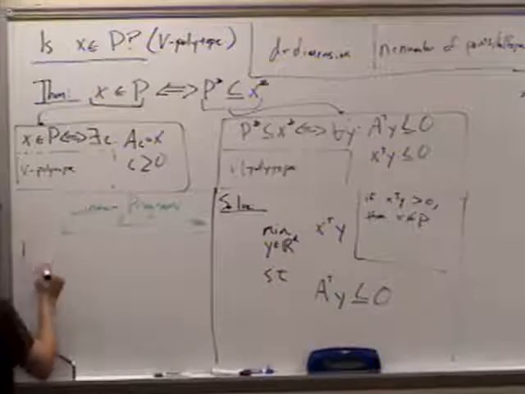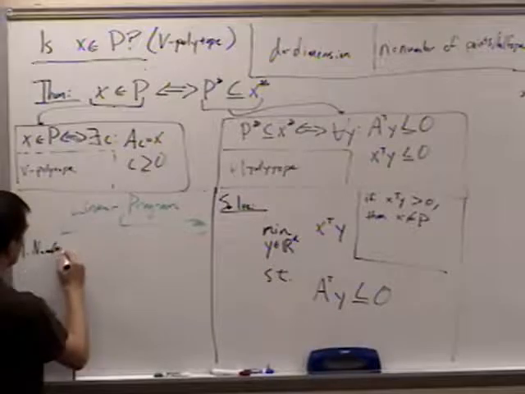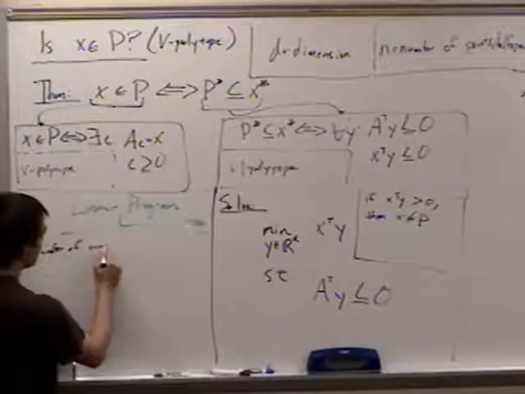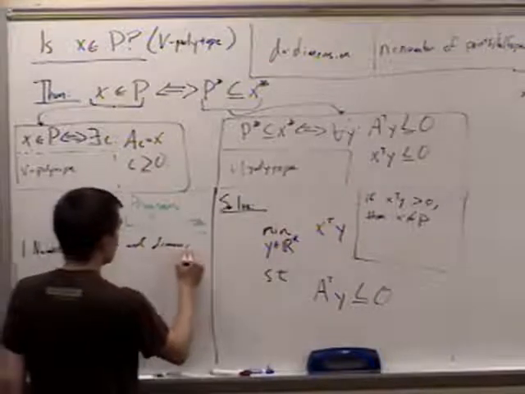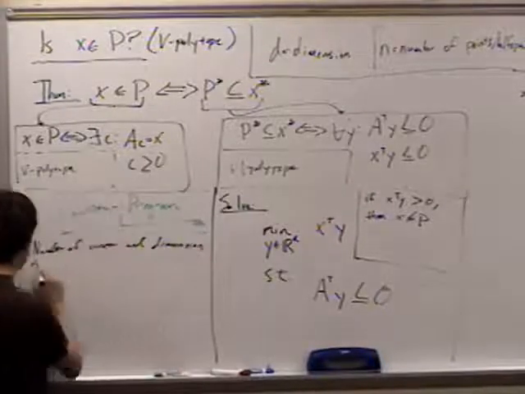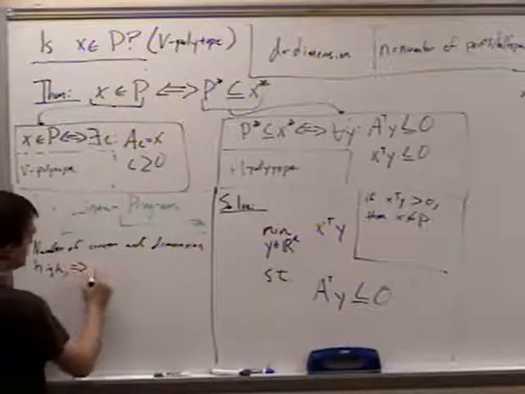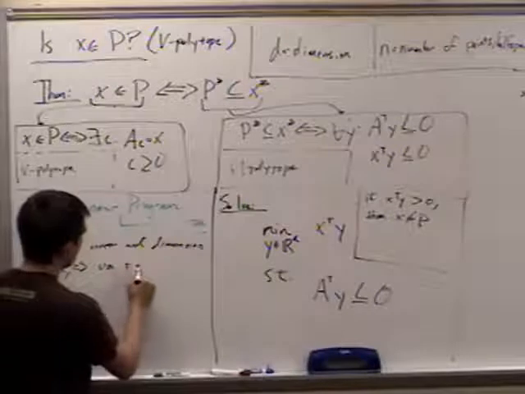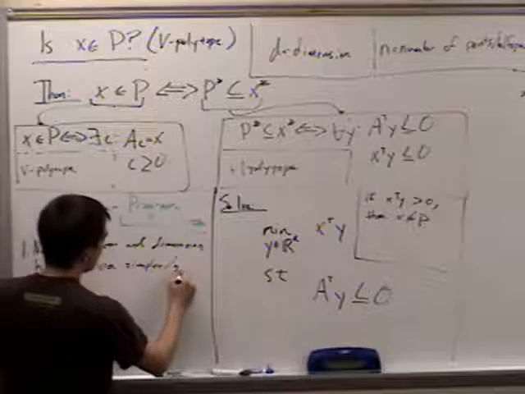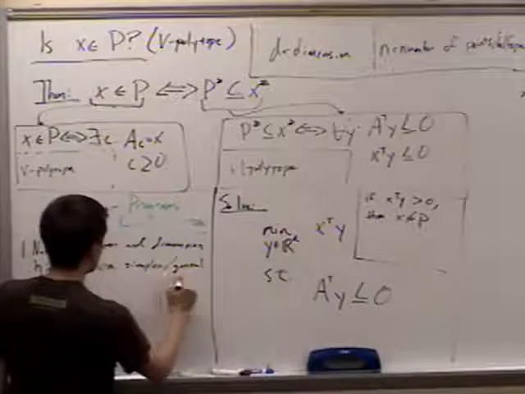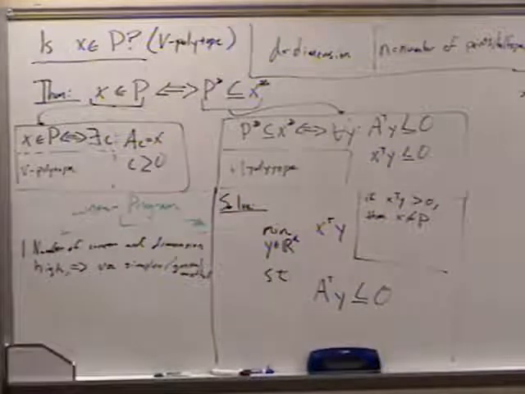So the first one is that the number of constraints and the dimension are high. This basically implies use the simplex method, or there are other techniques, right? These are not really computational geometry problems.